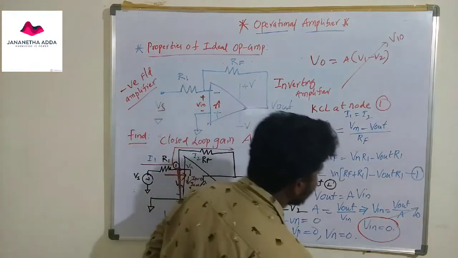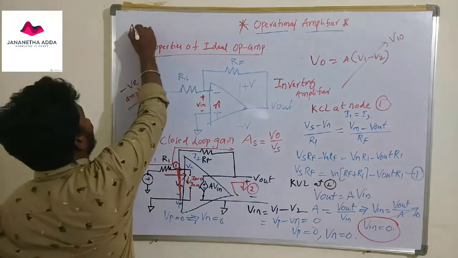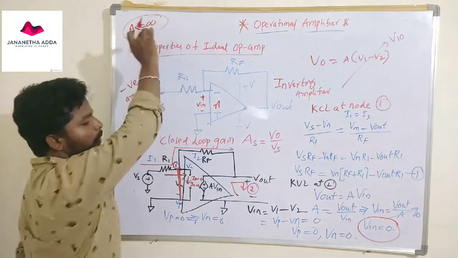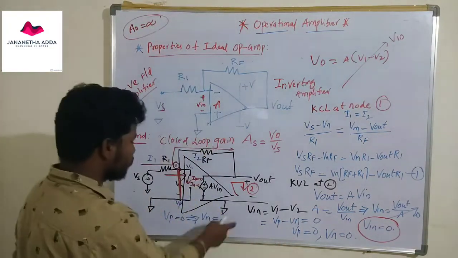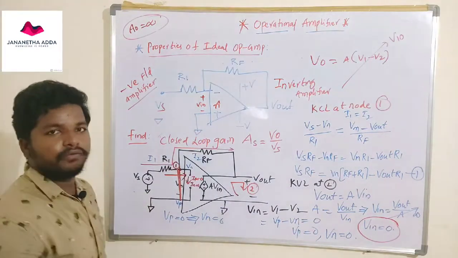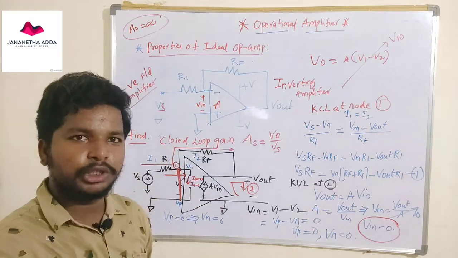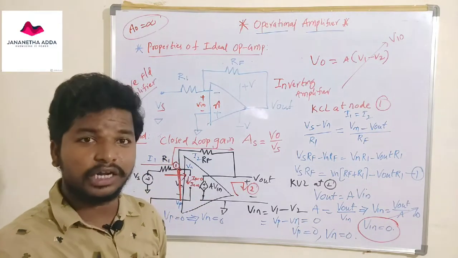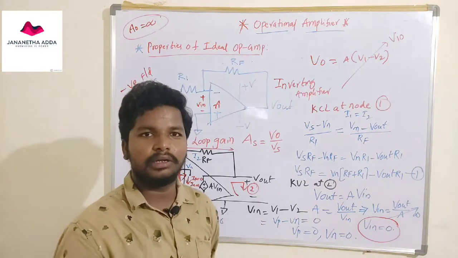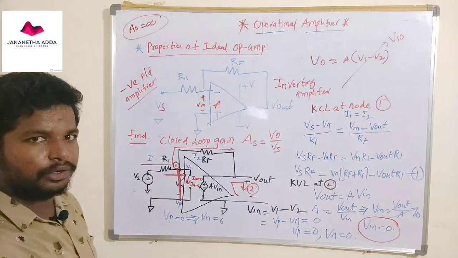Because of the infinite open loop gain, we get Vp equal to Vn, which is technically called a virtual short circuit. It is not equal to a practical short circuit where the resistance is equal to 0. It is a virtual short circuit.